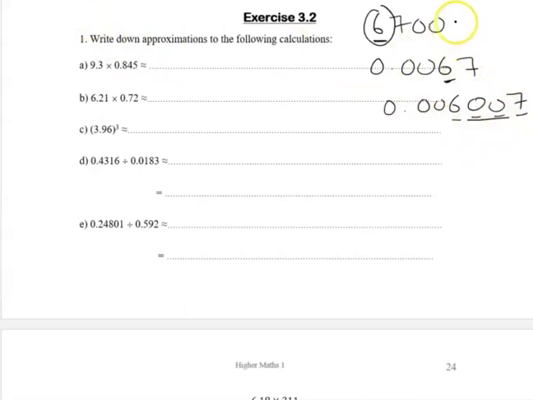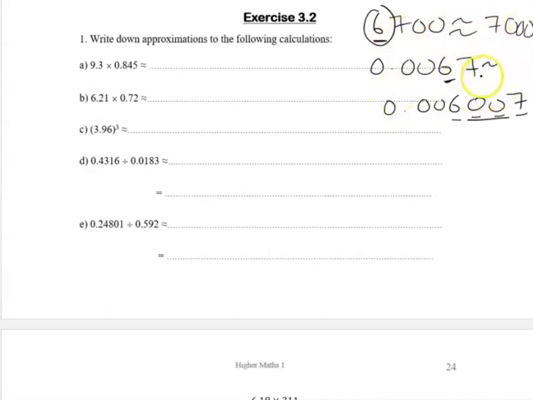So if I round the first number to one significant figure, now you're going to look at the number after the first significant figure. If the number is 5 or more, you round it up. If it's below 5, you keep it the same. So the number after the 6 is 7, so 6 gets rounded up, and you end up with 7. And the other numbers all become zeros, so you're going to get 7,000.